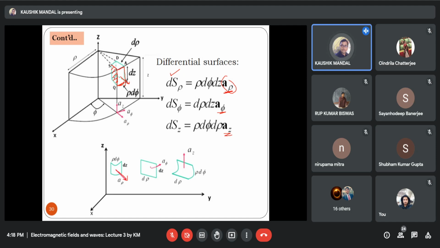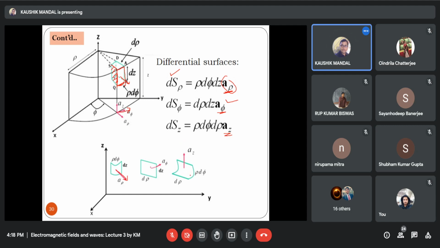What about this arm length? This is dz. So it is d rho into dz. And what about the unit vector? The unit vector to this surface is a phi. So it will be ds phi equal to d rho into dz into a phi.